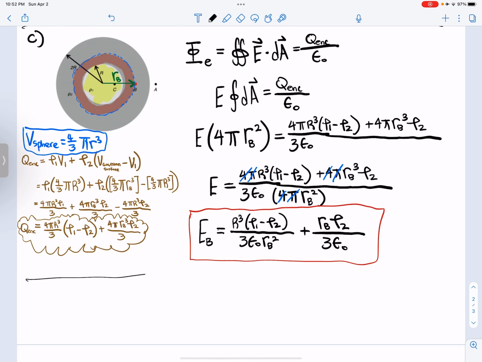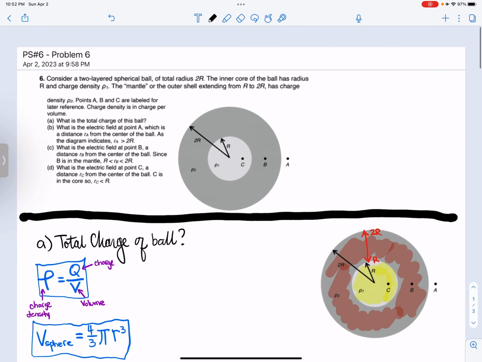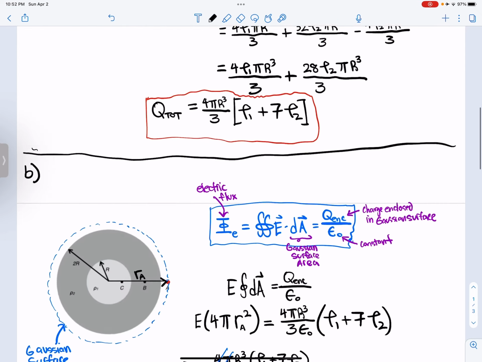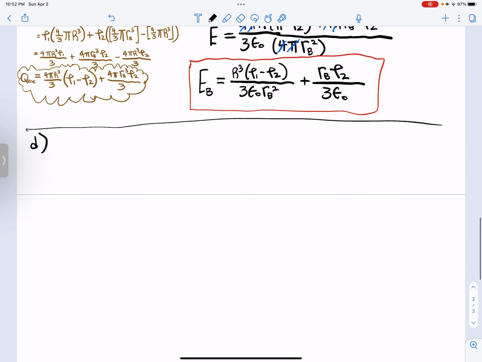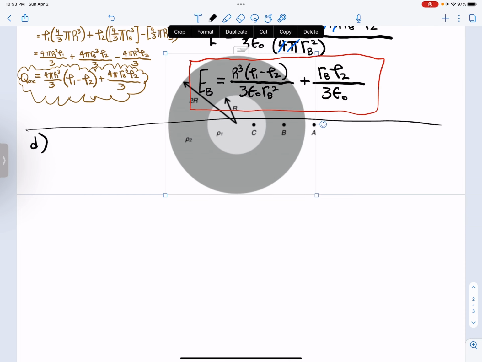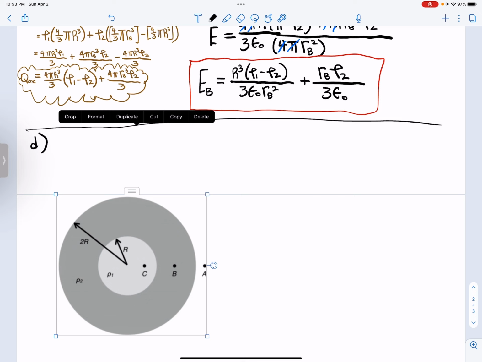So now moving on to part D. Part D, what is the electric field at point C? A distance RC from the center of the ball. C is in the core, so RC is going to be less than R. Okay. So let's again take a moment to see what that looks like.